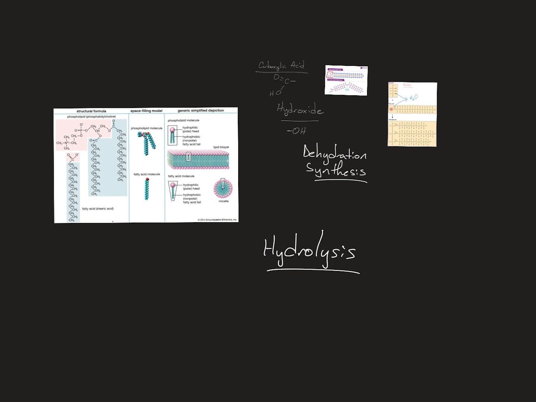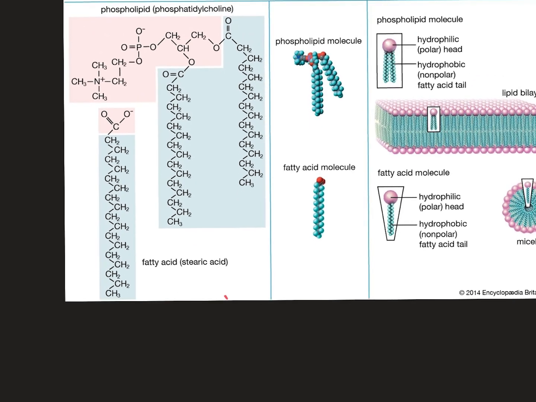Hydrogen takes one of the bonds. The hydroxide takes the other bond. As you can see here, you took that triglyceride and you kicked out the carboxylic acid again. The fatty acid got kicked out, and then phosphate took over that third bond. You see 1, 2, 3. This is the glycerol molecule, 3 carbons.